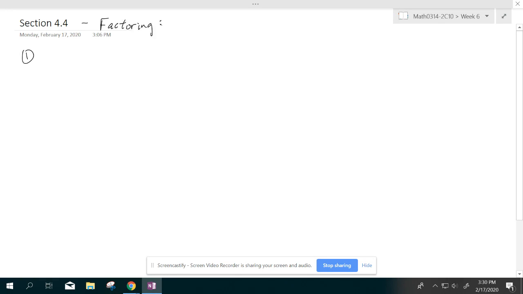But this section is factoring standard trinomials. A standard trinomial is a trinomial that does not have a lead coefficient. All right, number 1.